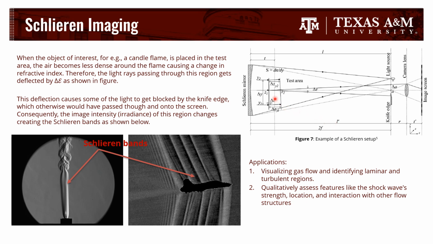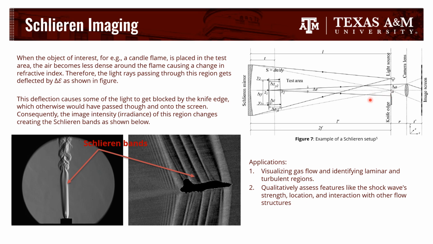As you can see in the image, the dotted line in the center here depicts the ray of light prior to introducing the candle flame. And when the candle flame is introduced into the test section, it gets deflected by a certain amount, as shown by the solid line.